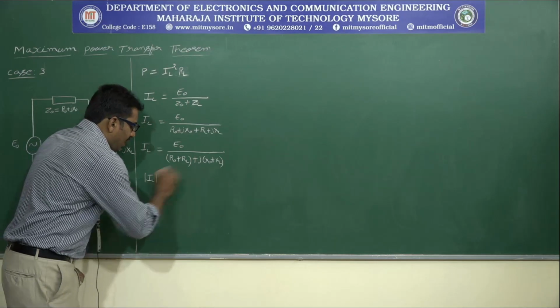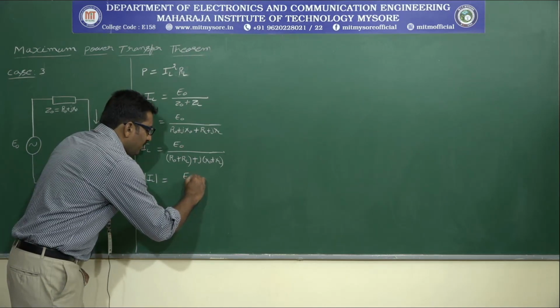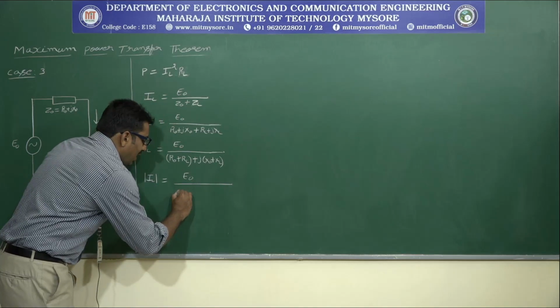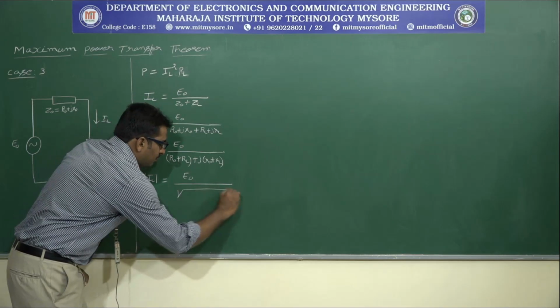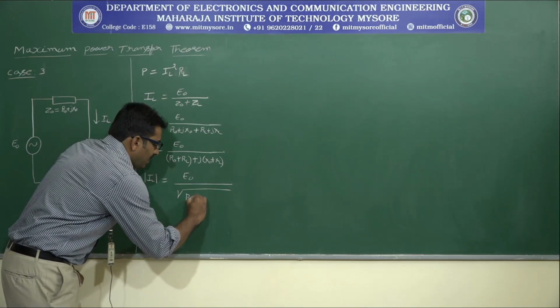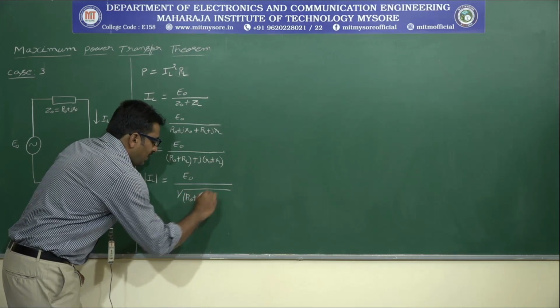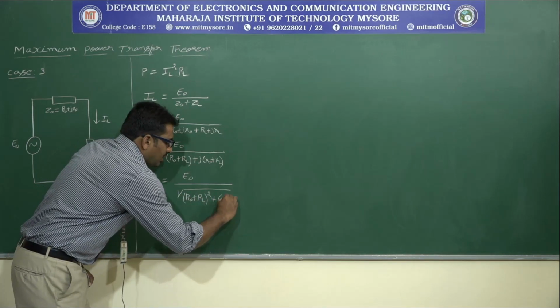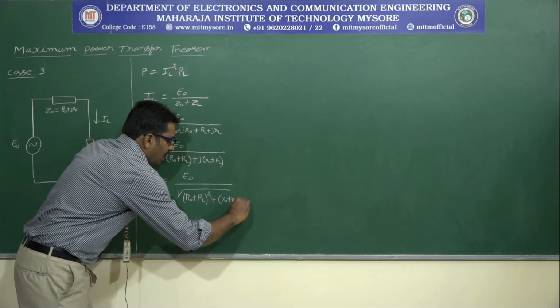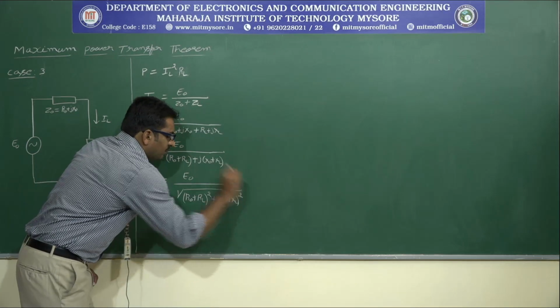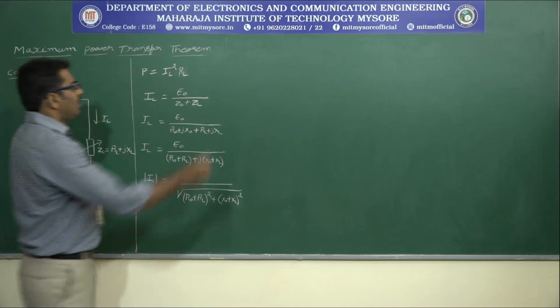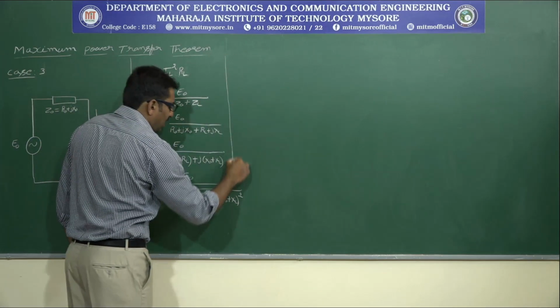Magnitude of IL is equal to E naught divided by square root of R naught plus RL square plus X naught plus XL square. Is that clear?